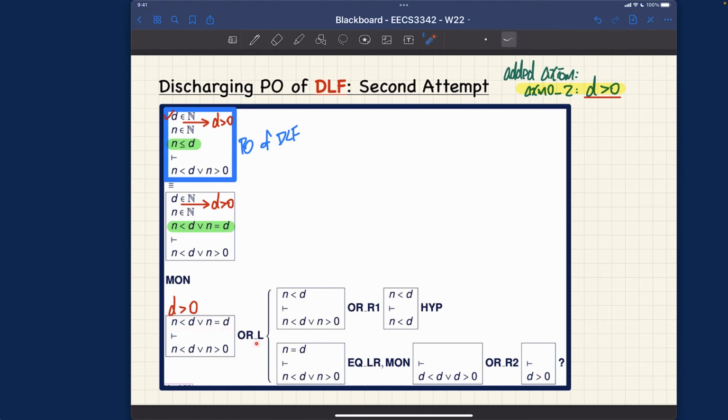We can split them by using the or left rule. If we do that, we're going to split this disjunction. Let me make it more explicit for you. Let's say this disjunct is blue, so that means we have n less than d. And this disjunct is orange, so that means this is what we have. But for both of them, we should keep any extra hypothesis.